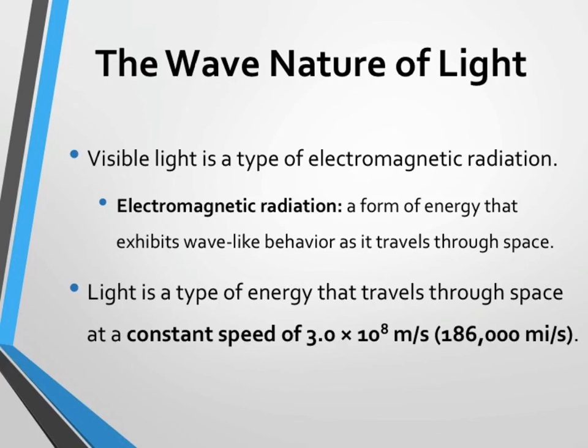So, visible light, what we see, is called electromagnetic radiation. EM radiation. This is just energy, an energy that exhibits wave-like behavior.